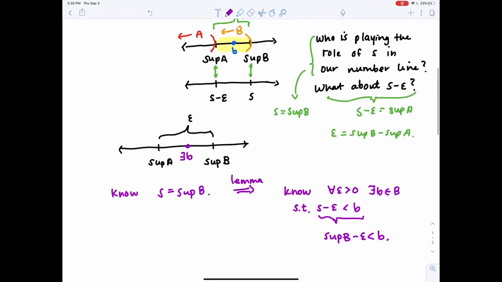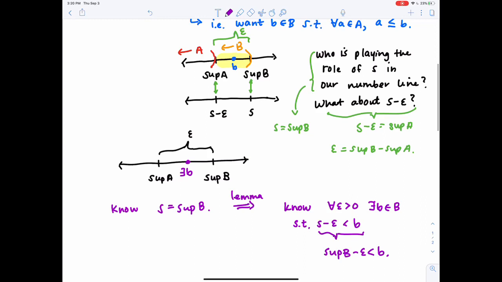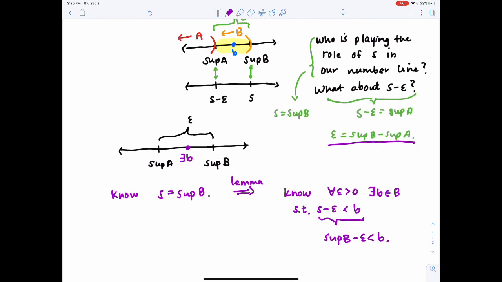What this is saying is our assumption is giving us a statement that we know is true for all epsilon, and our goal is to turn up this little b in particular such that it is in between sup A and sup B. So we need to use a specific value of epsilon to do that. Remember, we had a specific value: sup B minus sup A. While we know that this statement is true for all epsilon, we want to work with a very specific value of epsilon to guarantee that the b we get turns up in the gap.